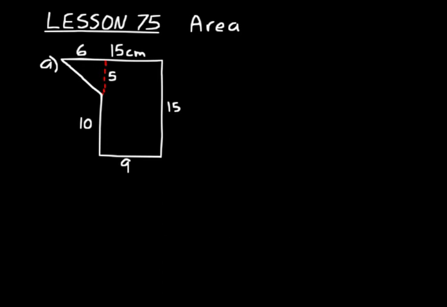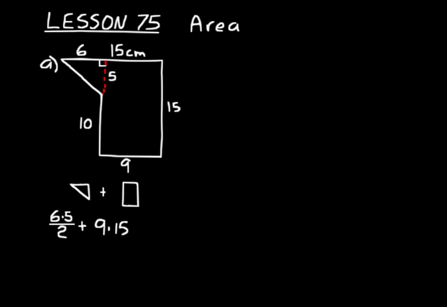So now you have a triangle plus a rectangle that you can add together. The triangle would be 6 times 5 divided by 2. We can assume that this corner right here is square or a right angle. So the base times the height perpendicular to it divided by 2. 6 times 5 divided by 2 plus the area for the rectangle of 9 times 15.